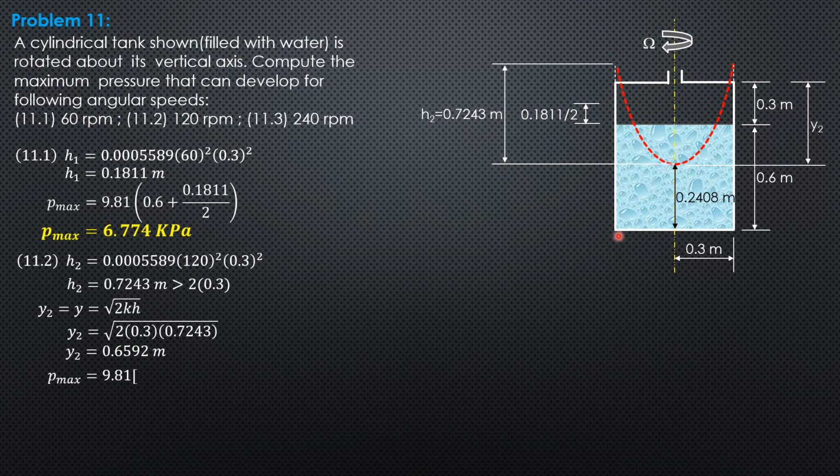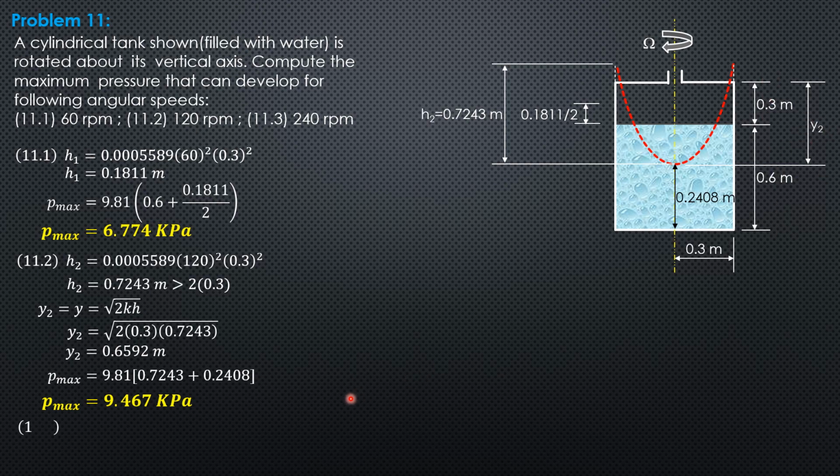So the pressure is 9.81 times quantity 0.7243 plus 0.2408. So you'll get 9.467 kilopascals. Again, the 0.2408 meter is 0.9 minus y2.